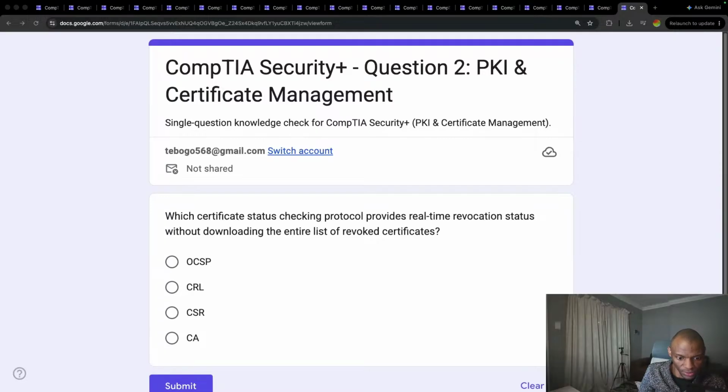Okay, let me open another screen here. Let's see, how many people do we have here?